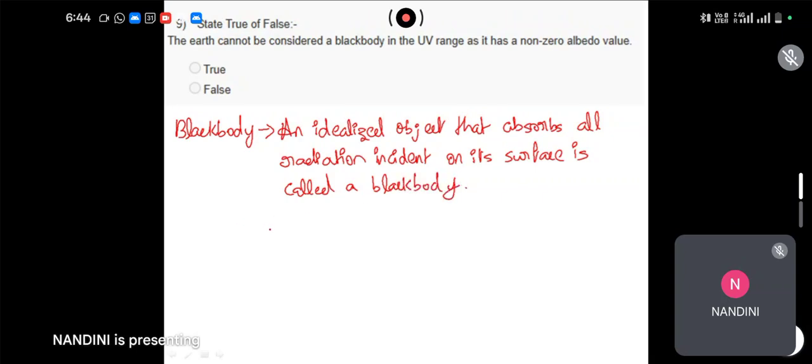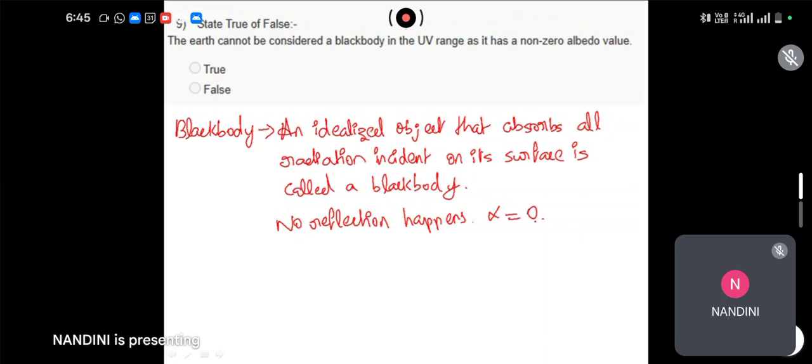So since the black body reflects no radiation, all radiation coming from the surface of the black body is thermal emission dependent on the surface temperature alone. And we are also considering that no reflection happens from the surface of the black body in that particular range.